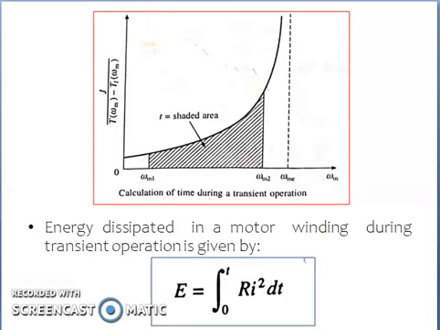Now calculation of time and energy loss using this technique is possible when the application is linear. However, this is not possible when non-linear impedance is present in the motor circuit.